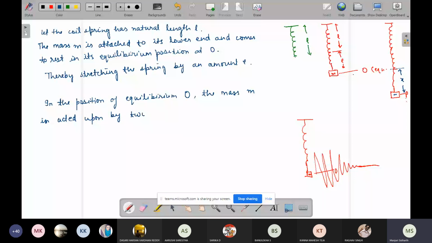One force, due to its mass M, the weight mg, will act in the downward direction. So first one, the weight mg, acting vertically downwards.